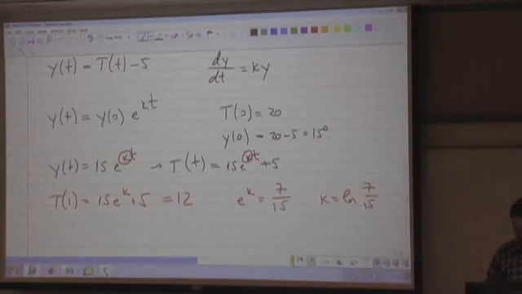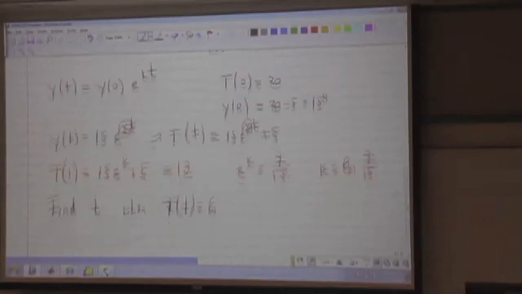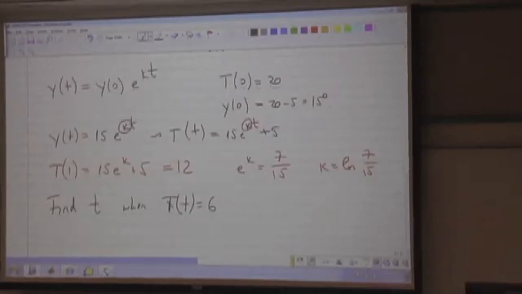So we need to find t, right? So find t when T of t is equal to 6. Right? Does that make sense?